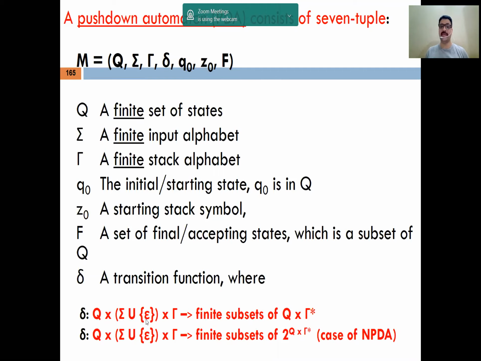It may be possible that there is no symbol on the tape, and this is tau. That symbol is read from the stack, or you can say popped from the stack, and after that you will find a new state, that is Q, and tau asterisk. So tau asterisk means any combination of stack alphabet, including null. So this is the simple case of the transition function.